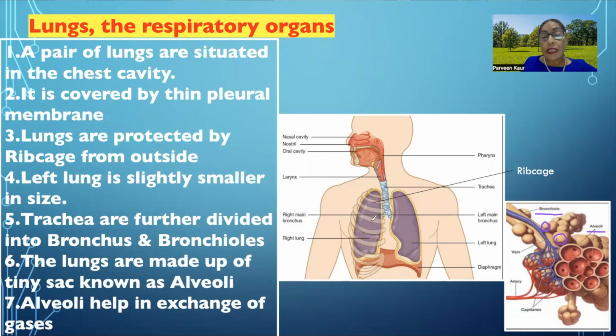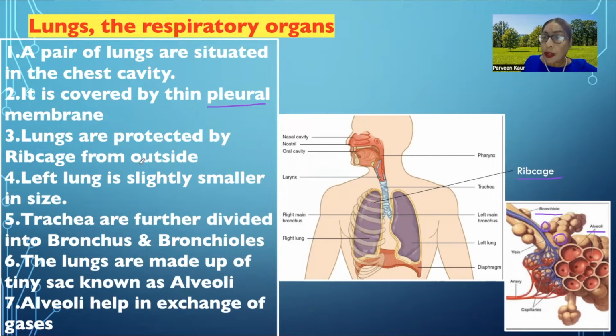Now here you can see the lungs. Lungs are covered by the rib cage. This rib cage is a bony structure, but inside, the lungs are also covered with a small membrane called the pleural membrane. This is a very thin membrane.